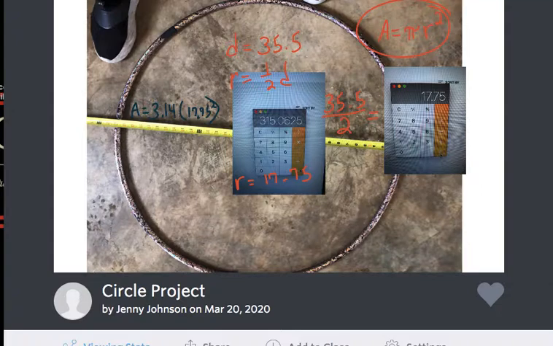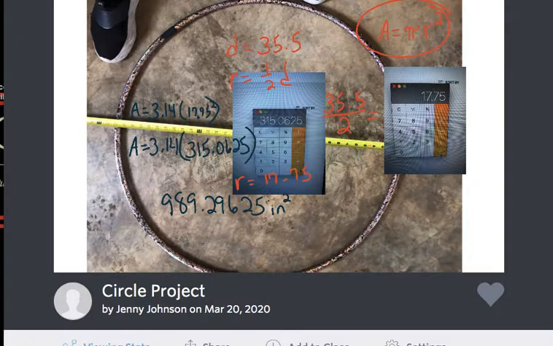When I square 17.75, that means, of course, 17.75 times 17.75. And that leaves me with what I have on the calculator here, which is 315.0625. Then I'm going to simply multiply that by 3.14 in my calculator, and I get 989.29625 inches squared.